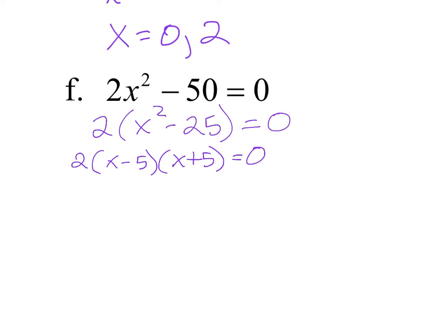The 2 is never going to equal 0, so it's not part of our solution. x minus 5 equals 0, or x plus 5 equals 0. So x equals plus and minus 5. This gives me the positive, and this gives me a negative.